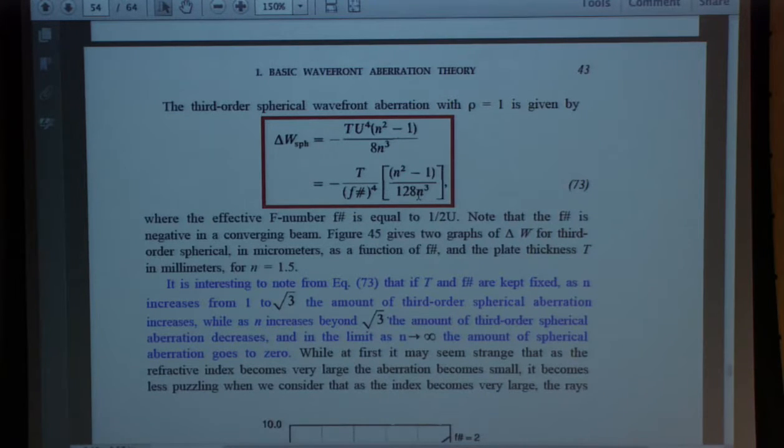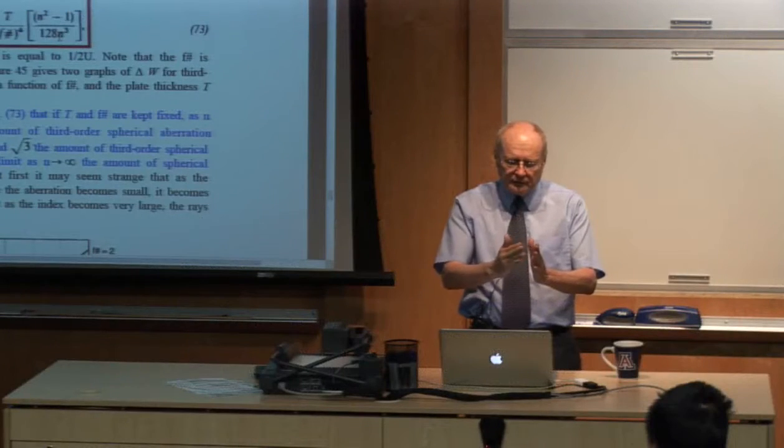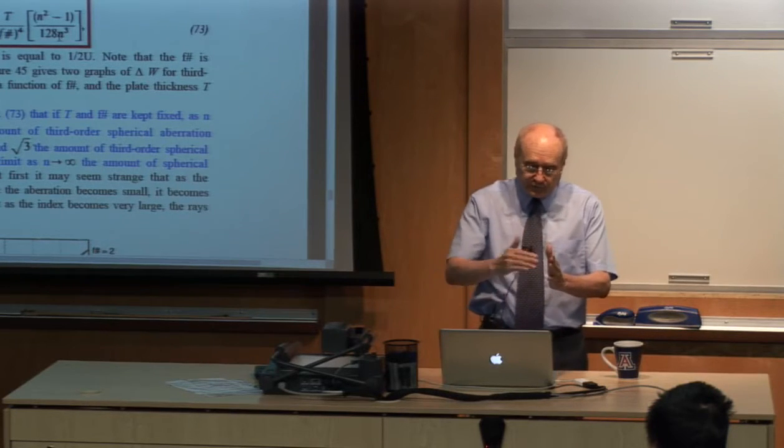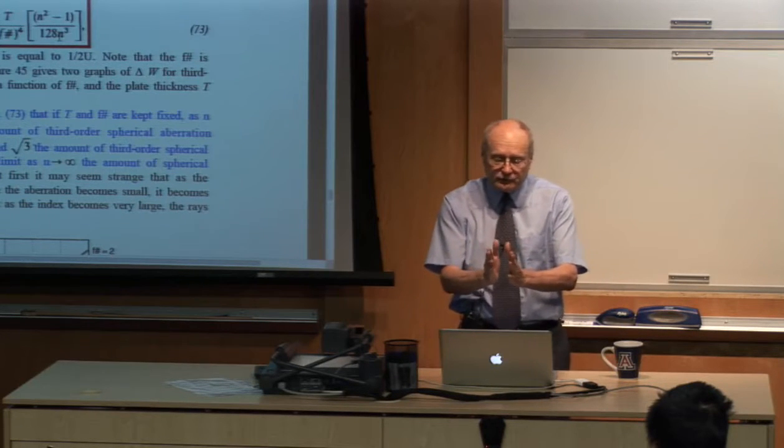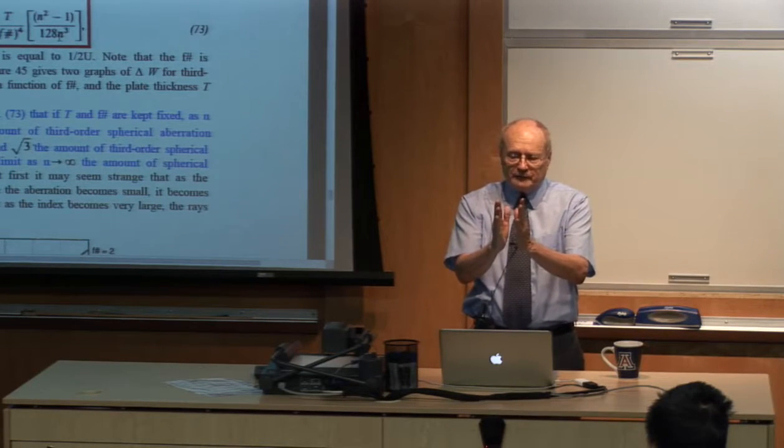The way I think about it, if I go to a large index, the rays, once they get inside the material, are getting very close to the normal to the surface. As the index goes to infinity, they would go right down the normal to the surface.